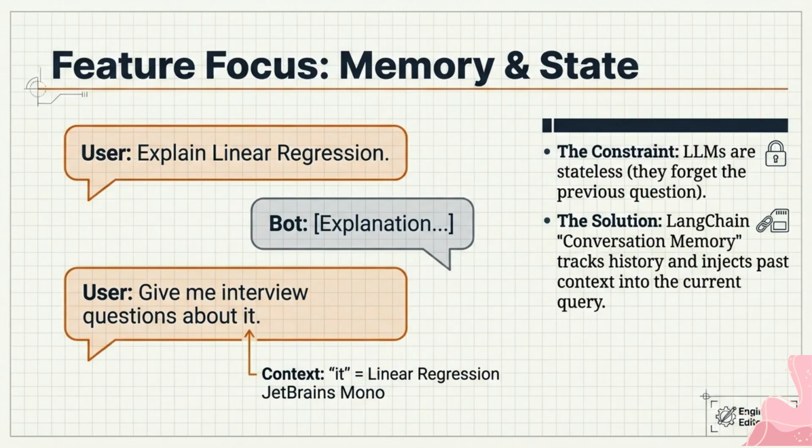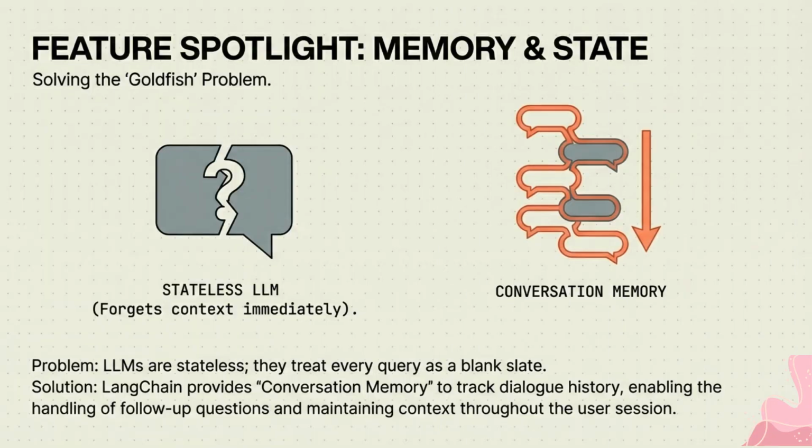Solution: conversation memory. Tracks history, injects past context into the current query. When you say it, the framework knows it equals linear regression from earlier. This enables multi-turn conversations that feel natural. Without memory, every question is isolated.